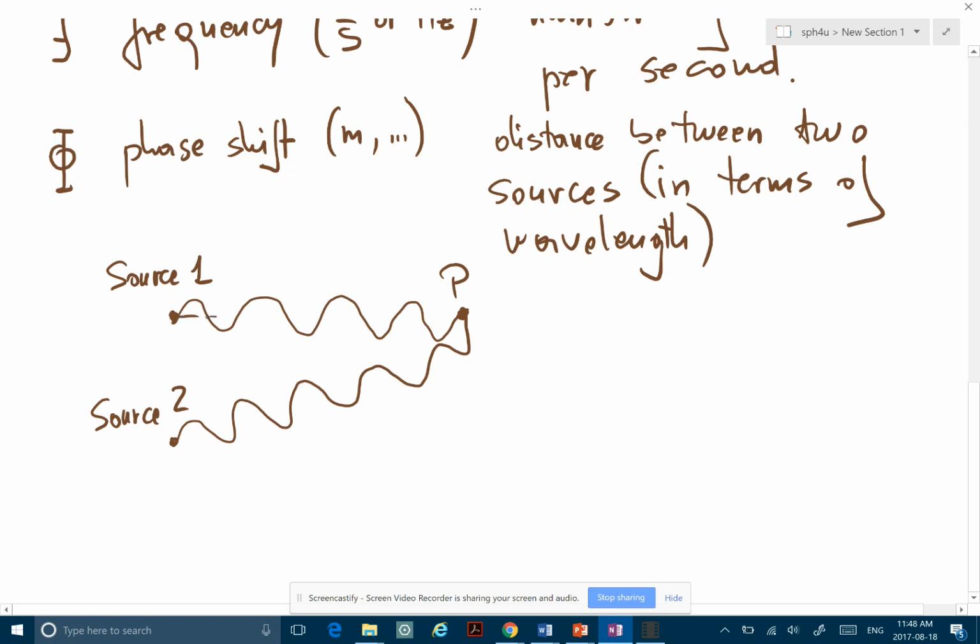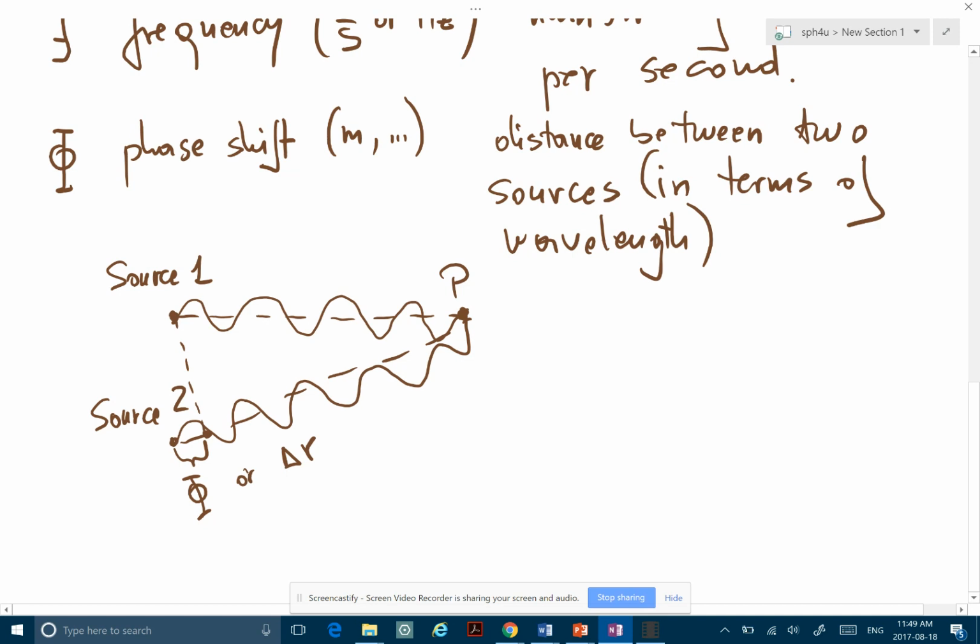So this is the actual path that wave number 1 has to go through. This is the path that wave number 2 has to go through, and the distance between the paths of these two waves, if they're not equal, is the phase shift, or we also call it delta R or delta T.